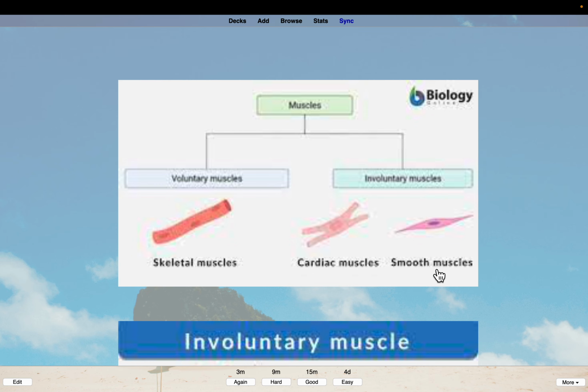Smooth muscles usually are, well, not usually, it's standard that smooth muscles encompass delicate organs in the body, the digestive system, the kidneys, among other things. And cardiac muscles, well, this is very unique because it's the muscle that encompasses the human heart. So it's a very special kind of muscle.